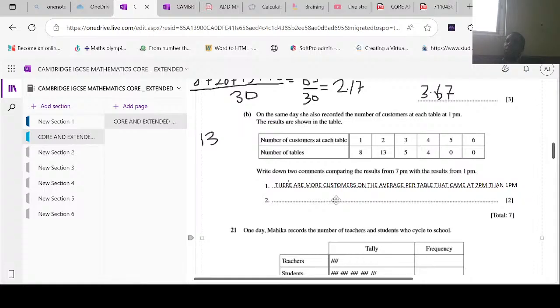So for me, at 7 p.m., the customers are not consistent, because even though the average is high, the mean is high, the range is low. Are you getting it now? I want you to be able to interpret it.